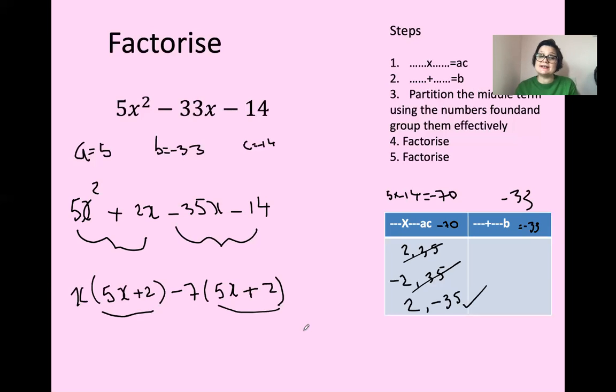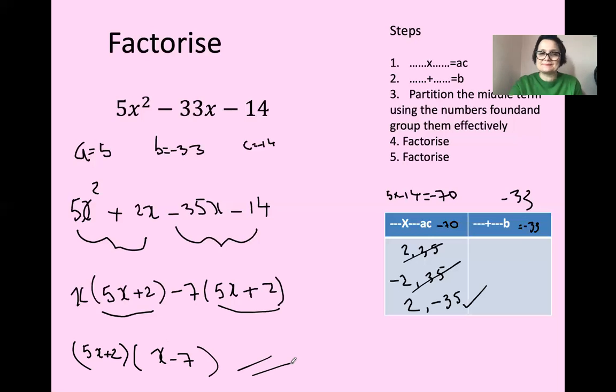We should have exactly the same bracket on the right-hand side to be able to factorize again, okay? Because this is the common factor, the whole bracket. So we have 5x plus 2 in brackets, open a new bracket again, x minus 5. And this is the final answer, right?